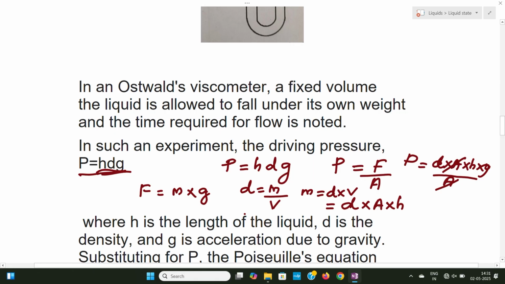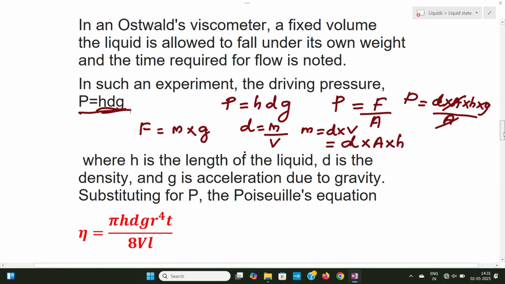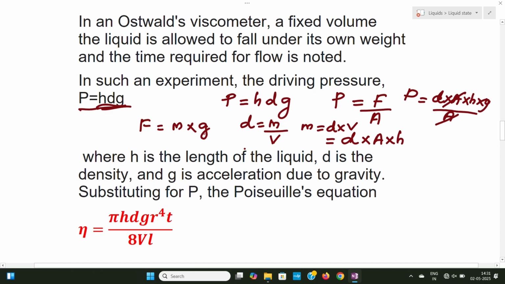When we substitute these values, P is equal to d into A into h into g divided by A, and the area A cancels. Therefore, we get P is equal to hdg, where h is the height of the liquid, d is the density, and g is the acceleration due to gravity.